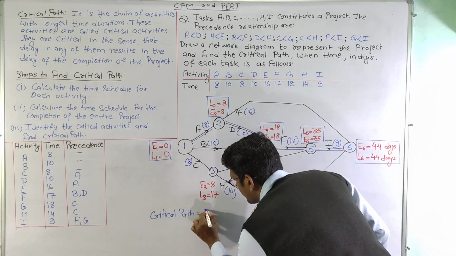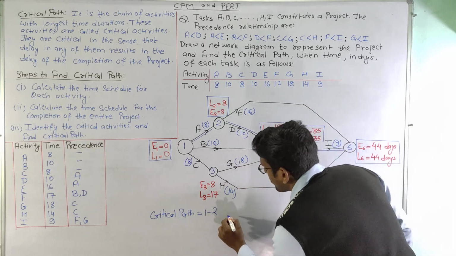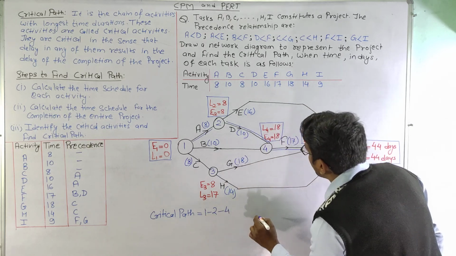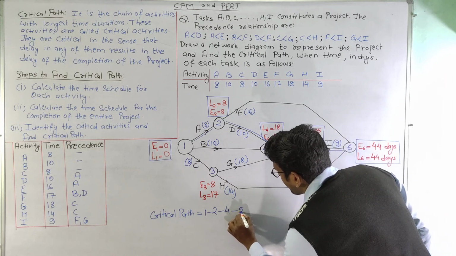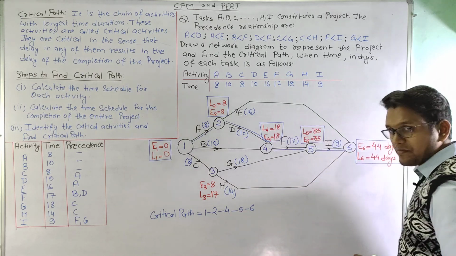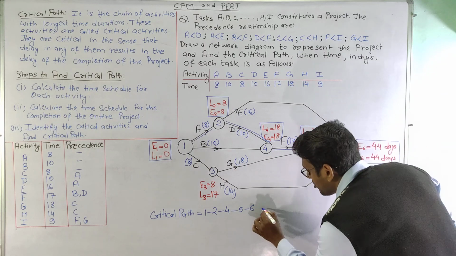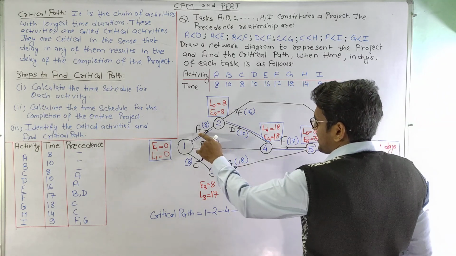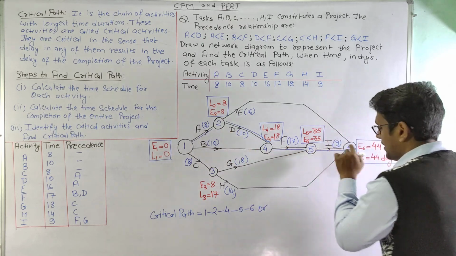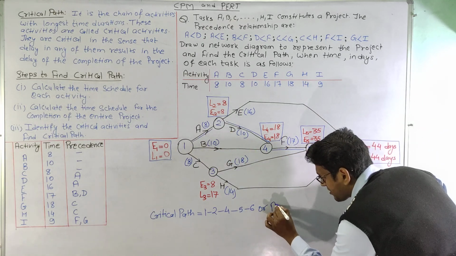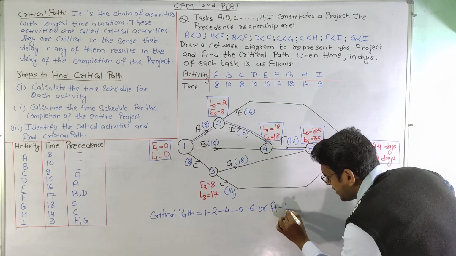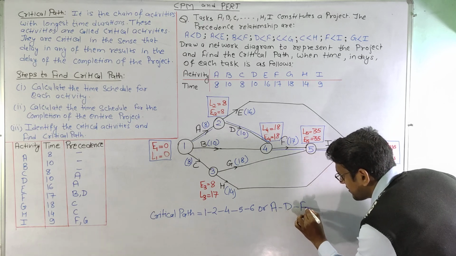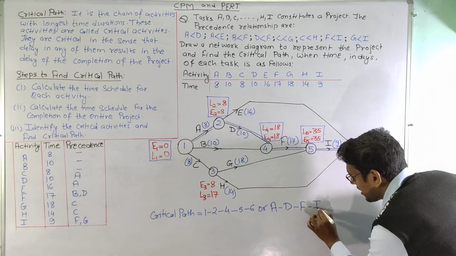It can also be represented in the form of activities. So activity A, D, F and I.